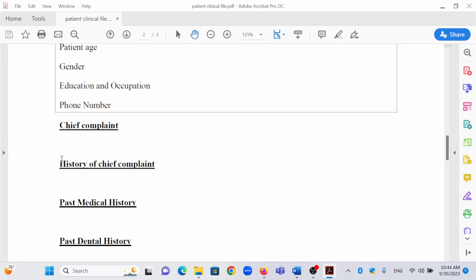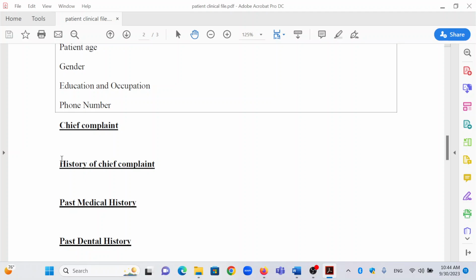When did this pain start? Where is it located? What are the stimulating or initiating factors? And what are the relieving factors? Does it disturb sleep? Is it intermittent or continuous? Have you used any medications to relieve it? Have you gone previously to any dentists in order to relieve this pain, and so on?